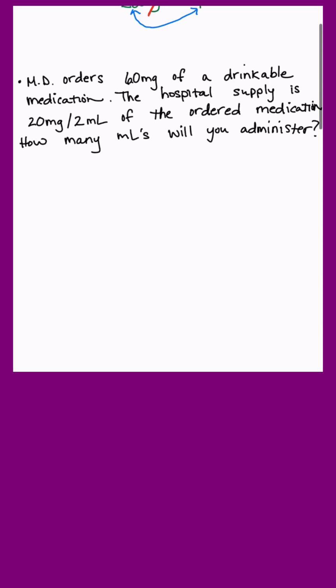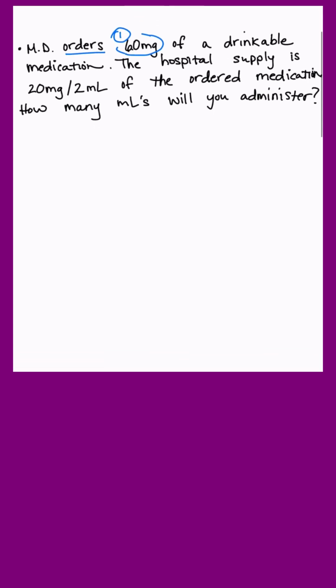Moving on down, we have an MD orders, so here's one given quantity, 60 milligrams of a drinkable medication. Of course, in your problem or your patient scenario, you're going to have an actual med here, but I didn't want you to be distracted by that. So again, I'm keeping it super simple.